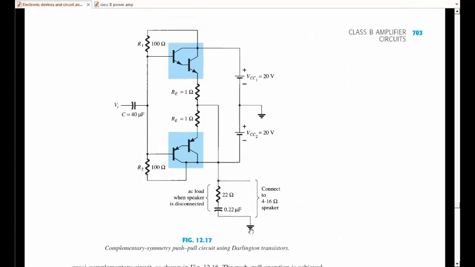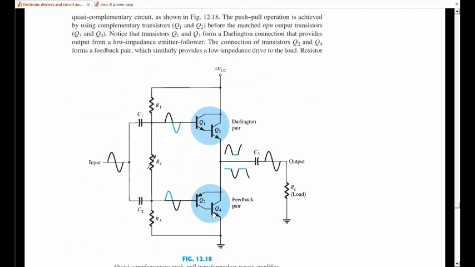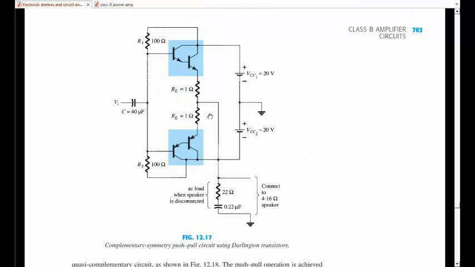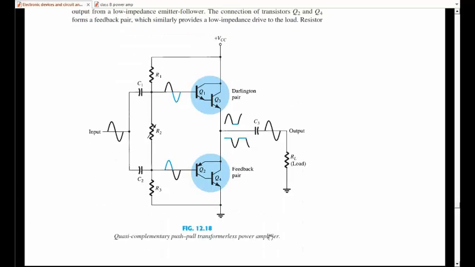There is another type called the quasi-complementary circuit, in which this is playing the role of an NPN and this is playing the role of a PNP transistor. And these are Darlington transistors. This is the complementary symmetry push-pull circuit using a Darlington transistor. This one is using the feedback pair. One is the Darlington pair and another one is the feedback pair.